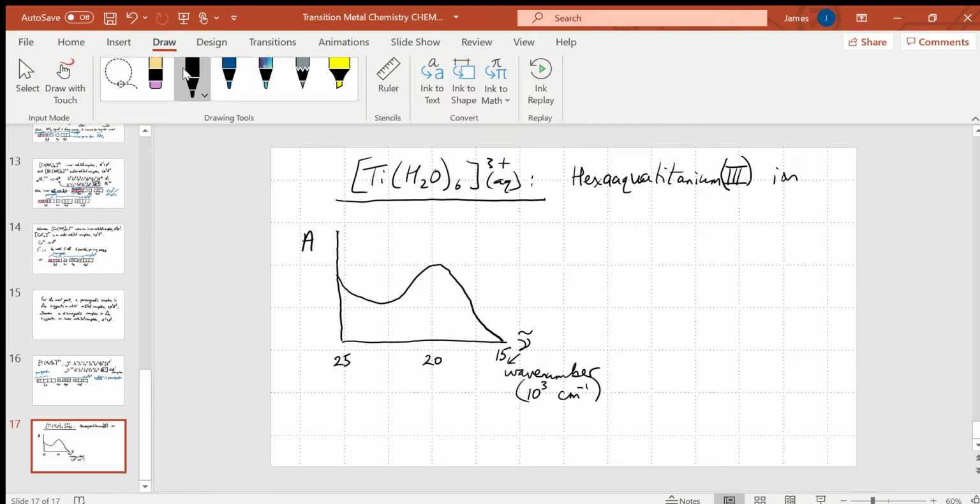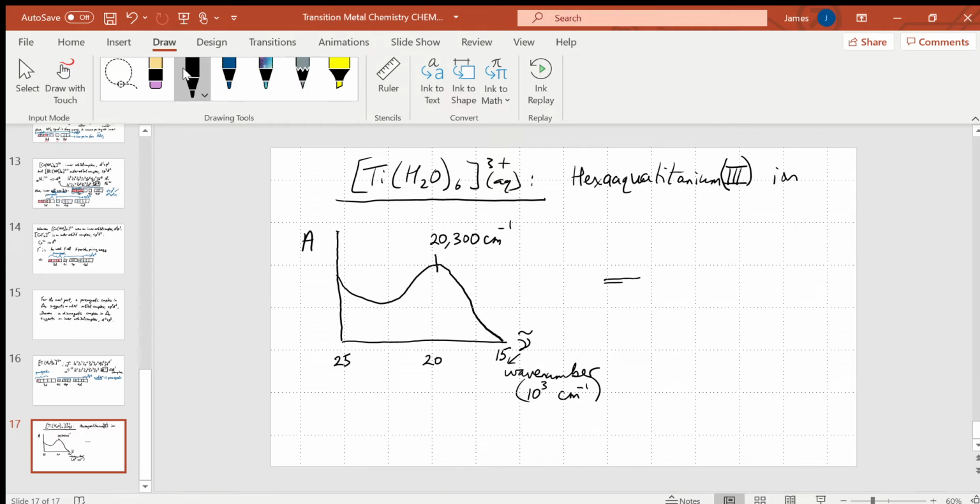Again, it's 1,000 because it's by 10 to the 3. And this peak is around 20,300 reciprocal centimeters. A spectrophotometer would record this absorption.